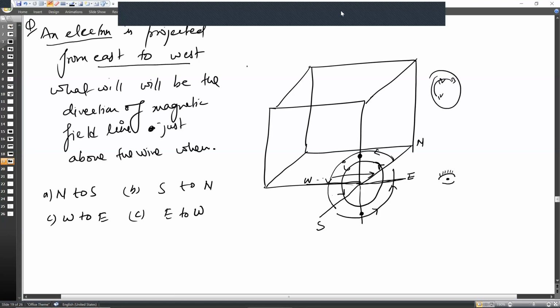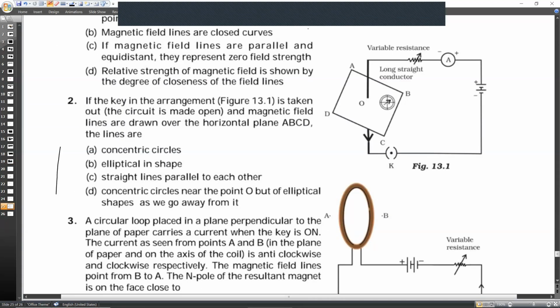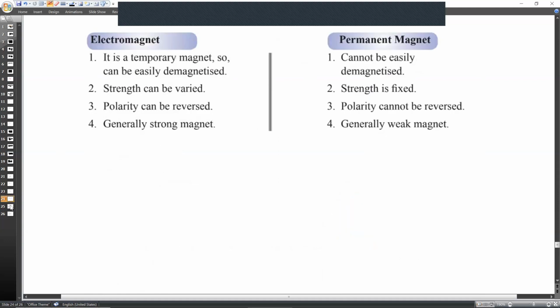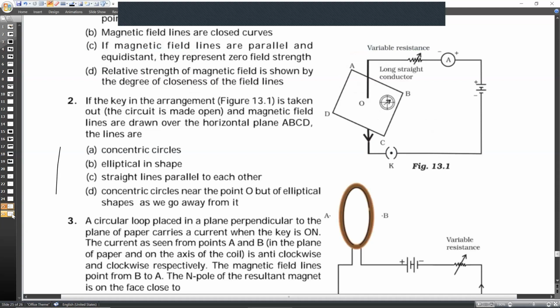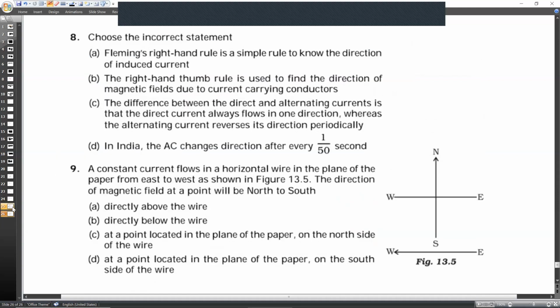So here is a question. Let you do this question. Question number 9. What will you answer for this question?